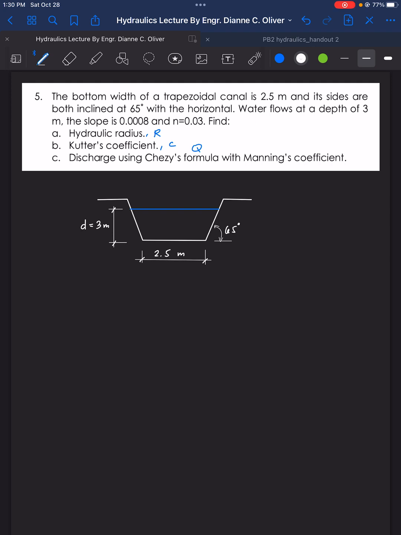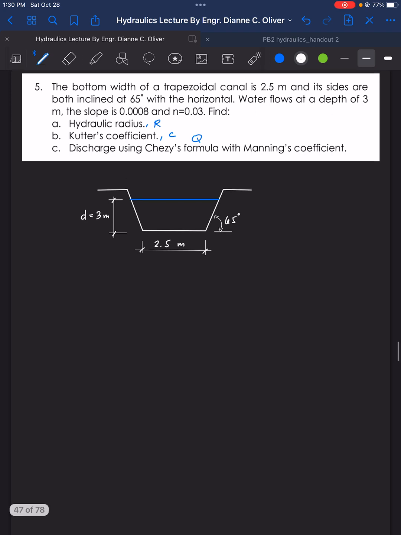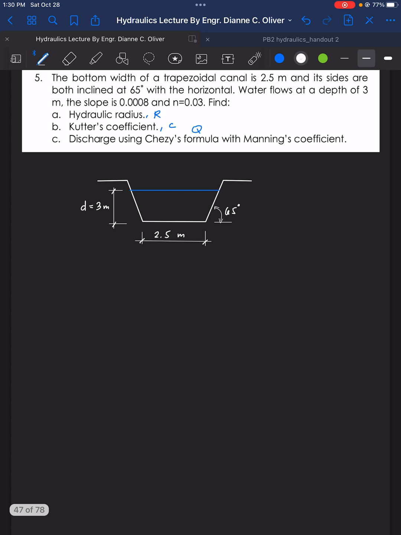So having this trapezoidal canal, we're looking for the hydraulic radius R for letter A, and the formula is R is equal to the total area divided by the wetted perimeter P. The perimeter that we're concerned with here is these sides and the bottom.